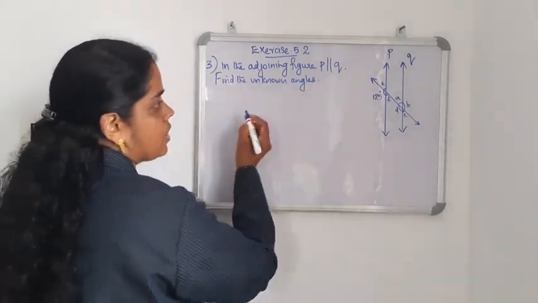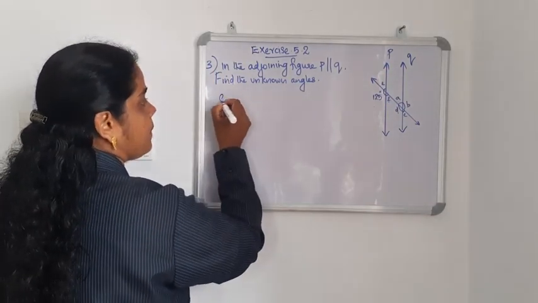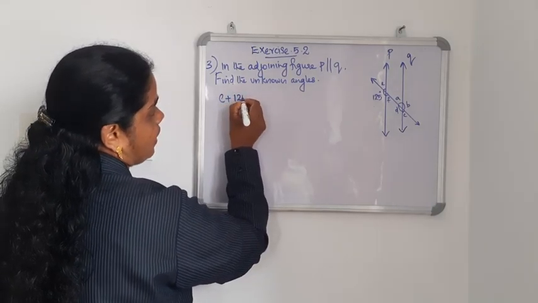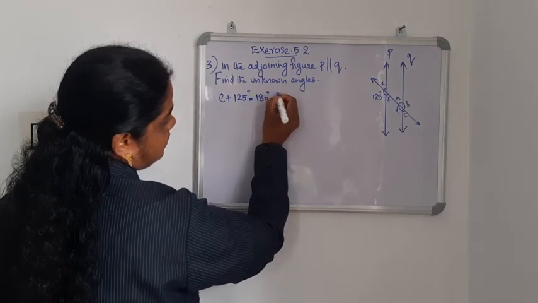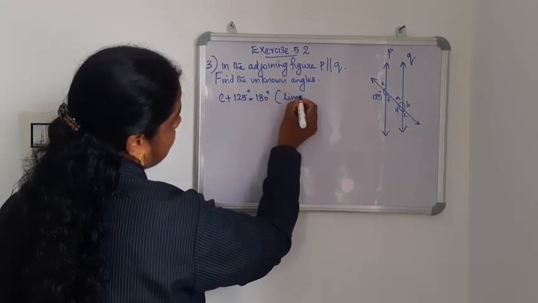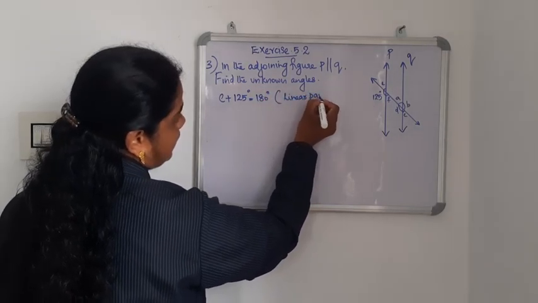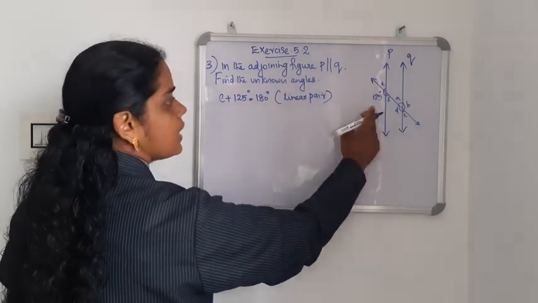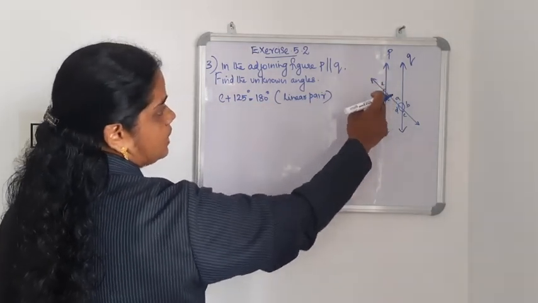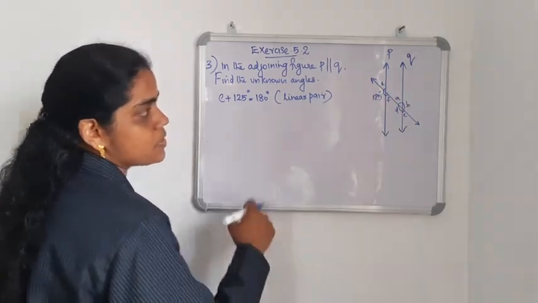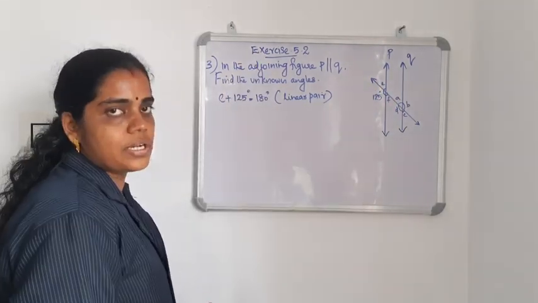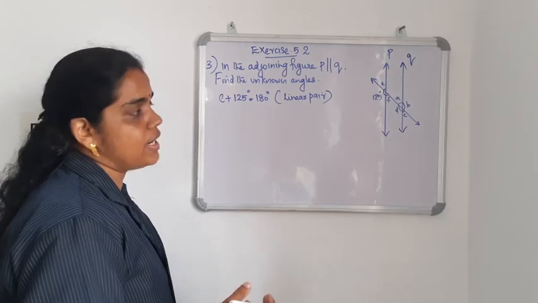So we can write E plus 125 is equal to 180 degree because it forms a linear pair. This angle plus E is 180 degree. Otherwise 125 plus F, that is also possible. There also forms a straight line, a straight angle, that is known as 180 degree.